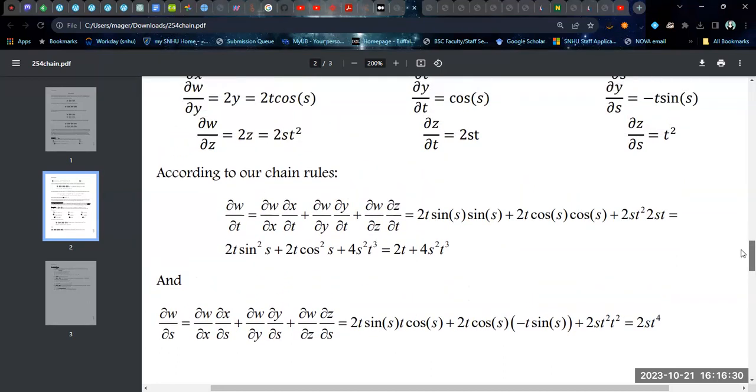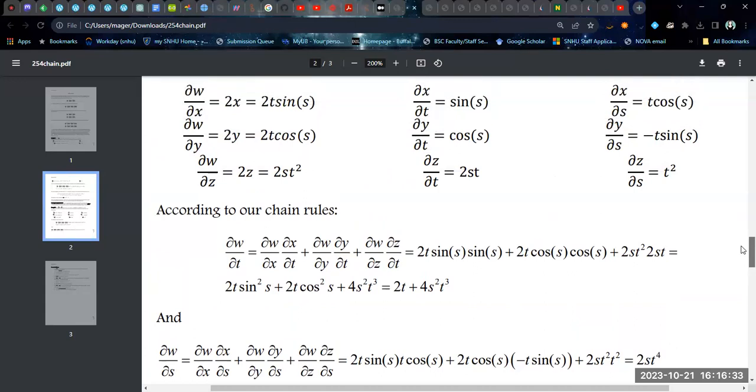And again, we can just use the table. Del w del x is 2x, or 2t sine s. And then del x del s is this guy over here, t cosine s.